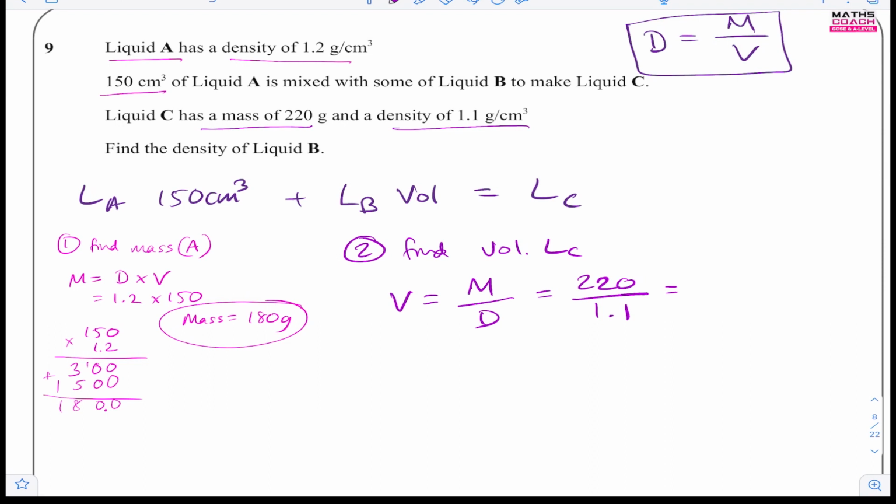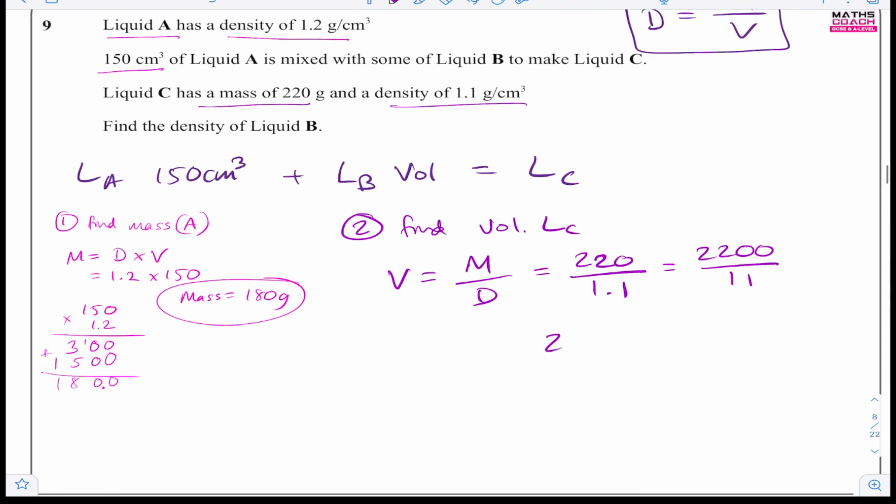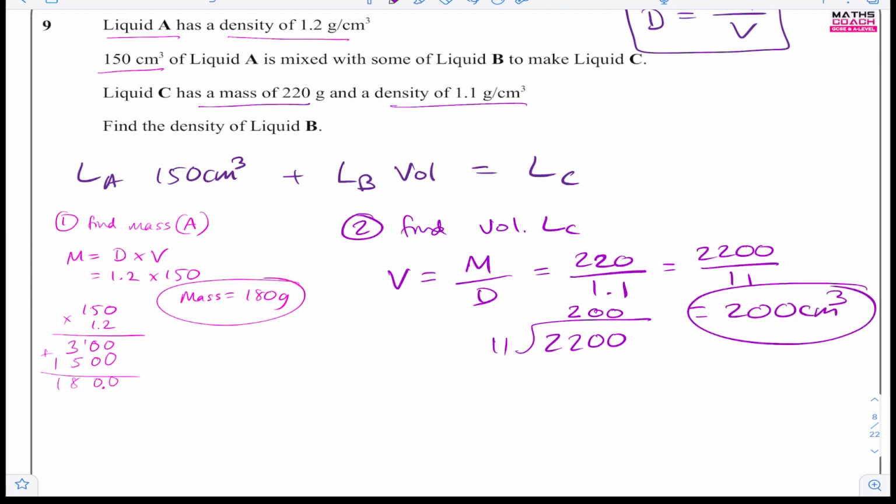How do we deal with this? Well, if we multiply both the top and the bottom by 10, we have 2,200 divided by 11, and then we can just use long division again. So 11 into 2, nope, 11 into 22, it goes in twice, and no remainder, so we just inherit all those zeros. So therefore the answer to this is 200 centimeter cubed, which is the volume of C.